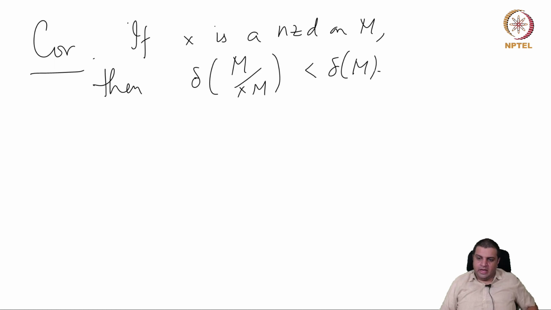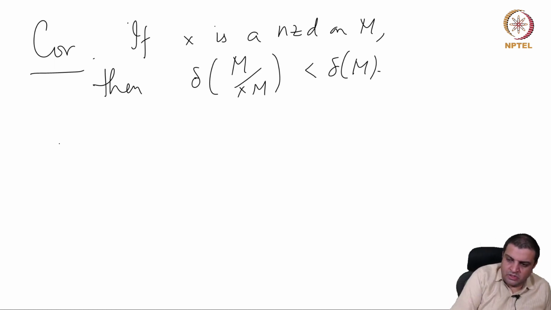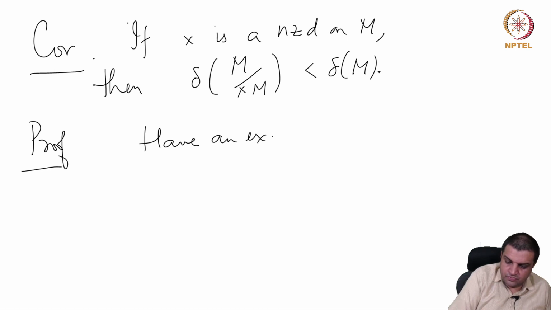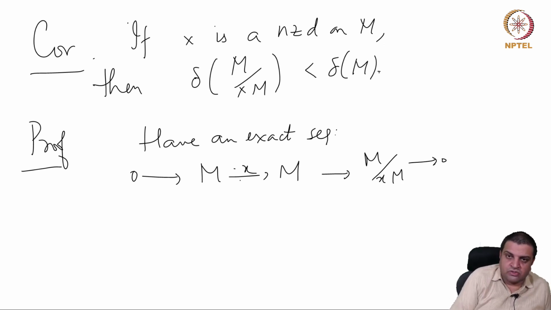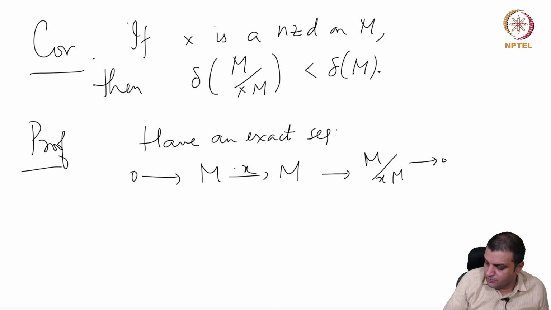And why is this? Consider the proof. We have an exact sequence, 0 to M, multiplication by x, to M, to M mod xM to 0, and this is injective here because x is a non-zero divisor.